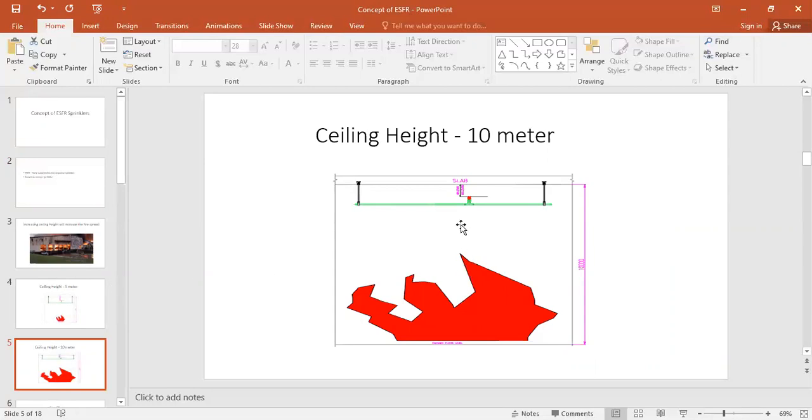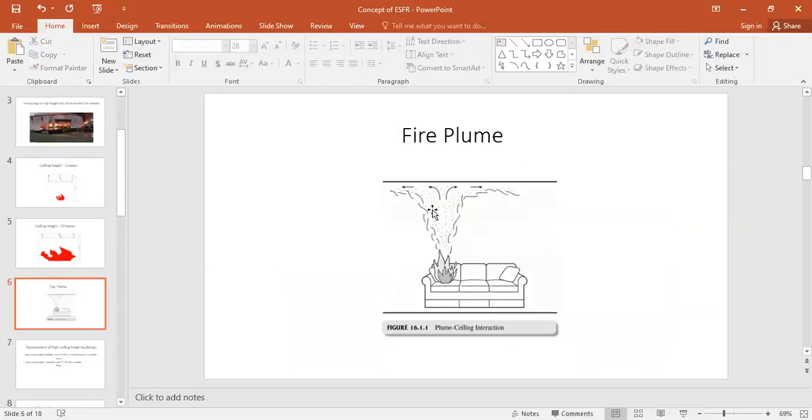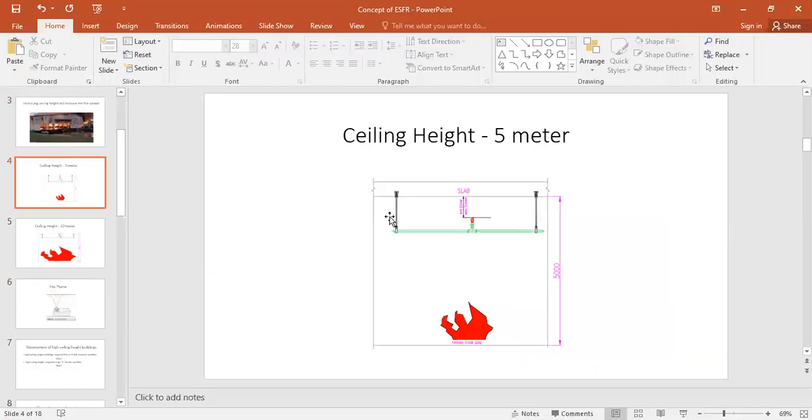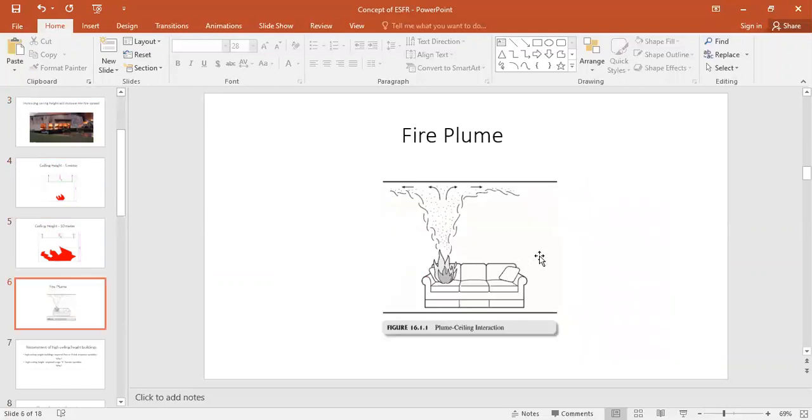So in order to understand this topic, we need to remind ourselves of the activation mechanism of normal sprinklers. If a fire starts from some combustibles, a fire plume will be created. What is a fire plume? A fire plume is a combination of smoke, heat and dust. It will slowly develop.